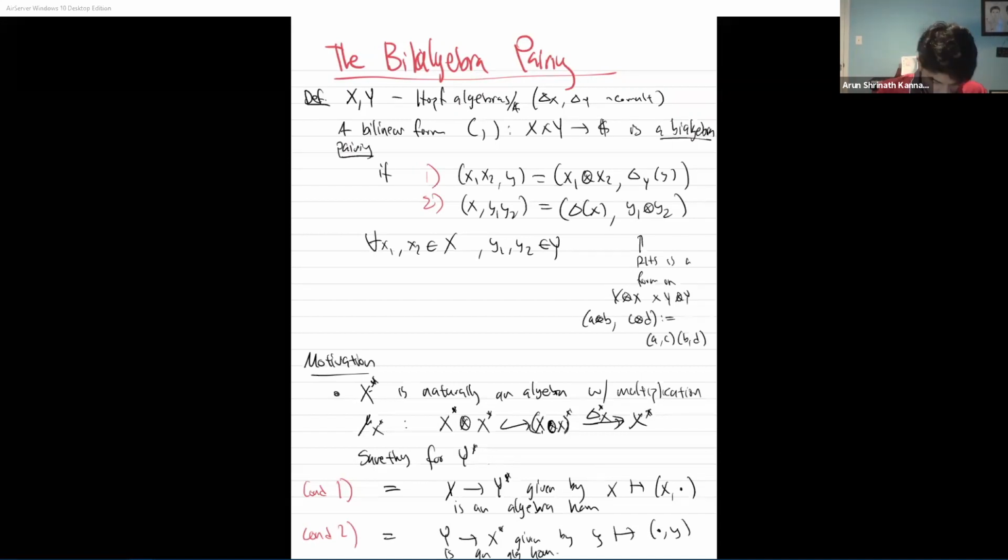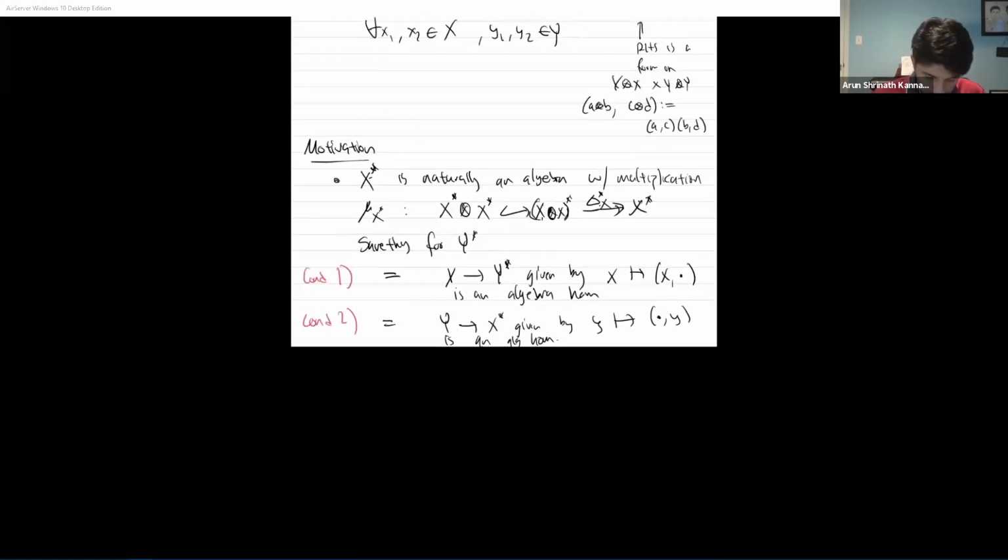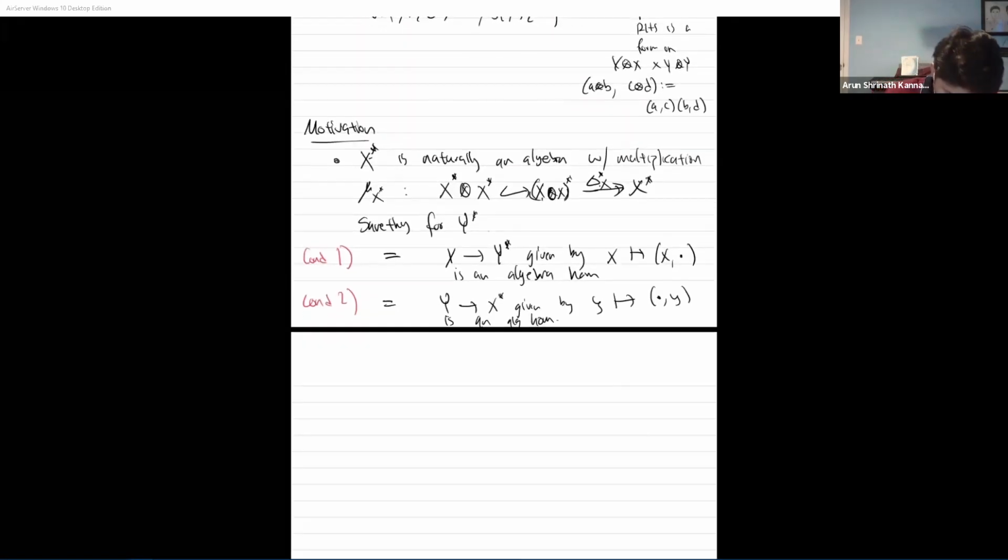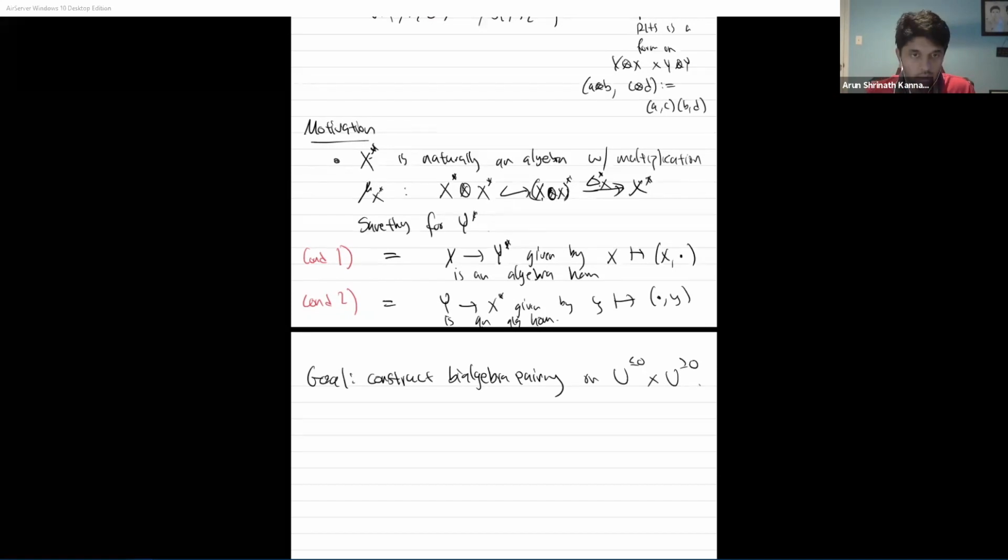Okay, so as I said, what we're going to do is construct a Hopf pairing, a bialgebra pairing. Goal: construct a bialgebra pairing on U less than or equal to 0 cross U greater than or equal to 0. And these are naturally bialgebras. They're sub-algebras of U. So with that being said, we have the following theorem.